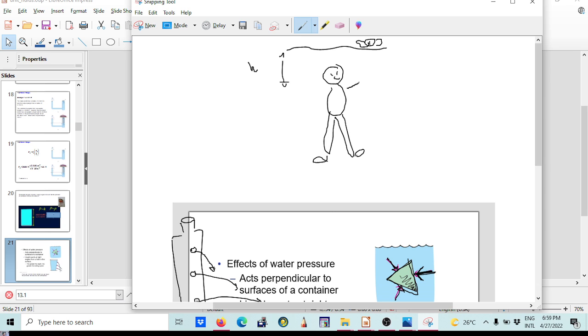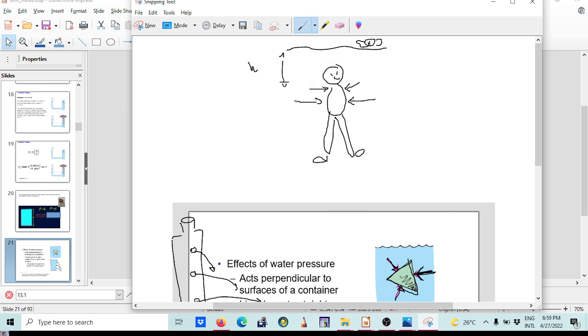You're going to have pressure always perpendicular to your body. So that pressure here will be the same as this pressure there. And then as you go deeper, that pressure here will be a little bit more than the pressure there, but both of them are equal.